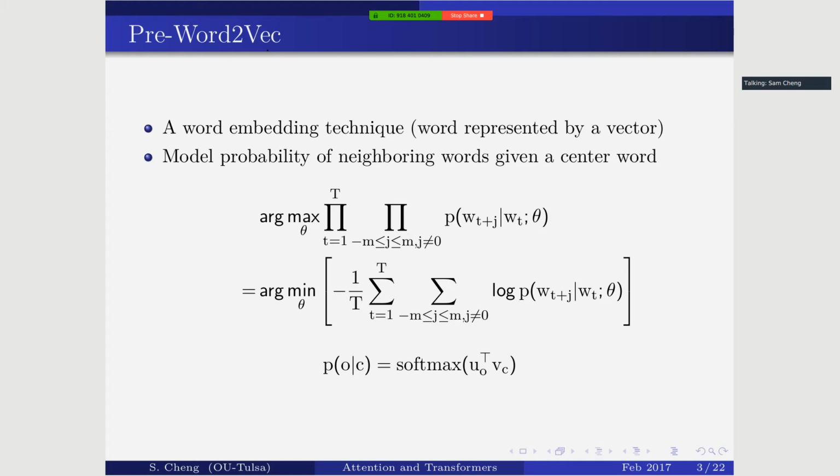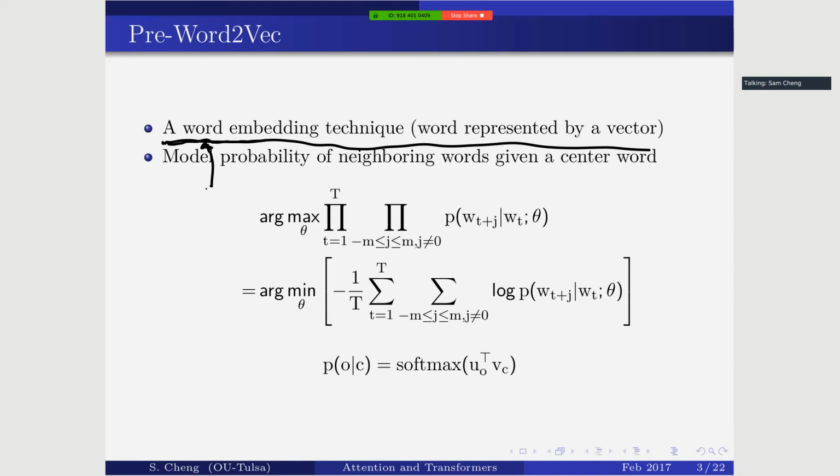Basically, we are trying to maximize the joint probability, considering that we have a sentence. For example, this itself is a sentence. As we scan through the sentence, the word model tries to model the probability of surrounding words given the current center word. I have a cursor moving left to right.